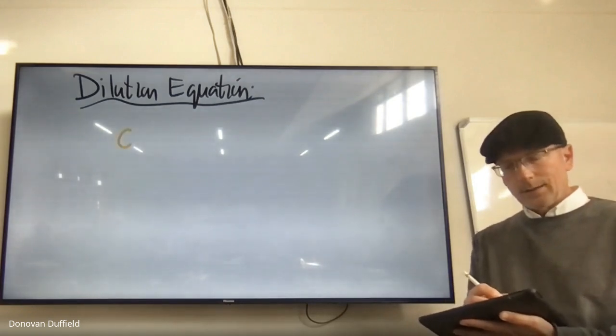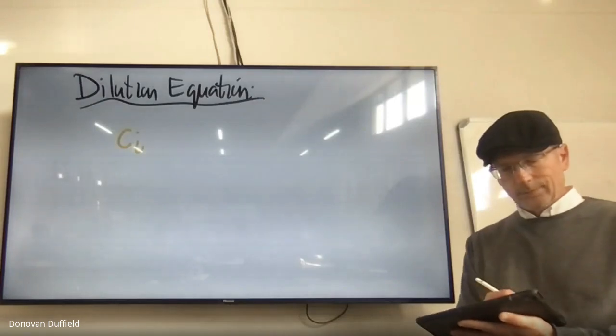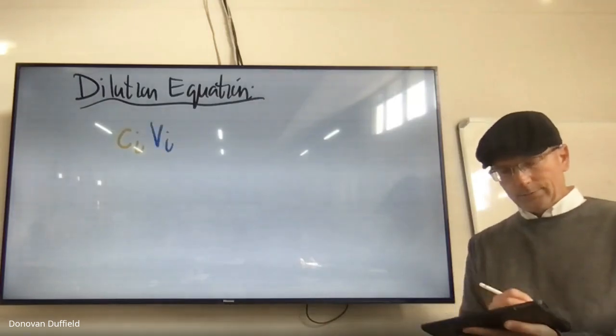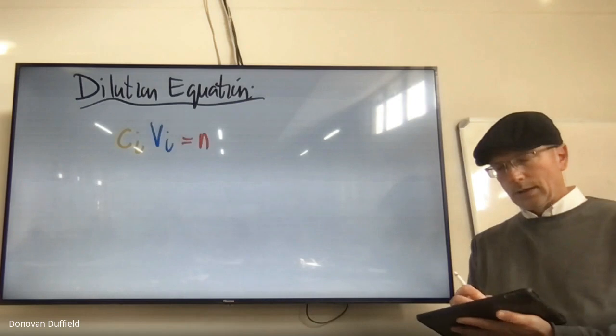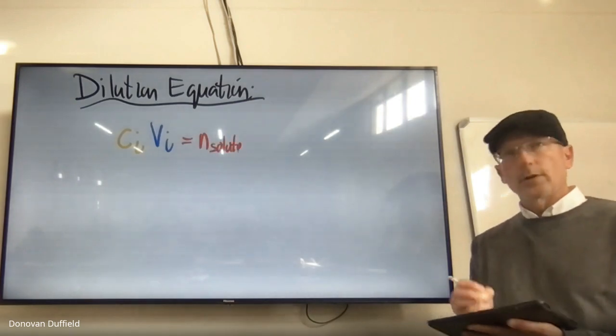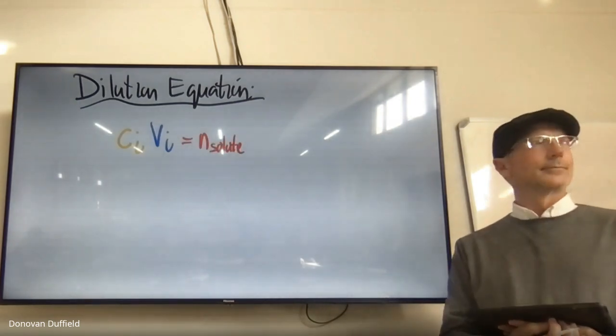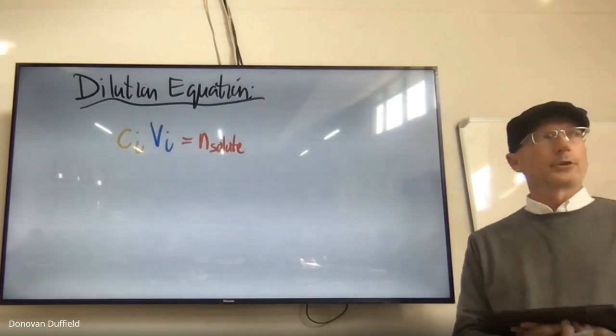C initial V initial equals the number of moles of solute. Does dilution decrease the concentration? Yes, because you're adding solvent.